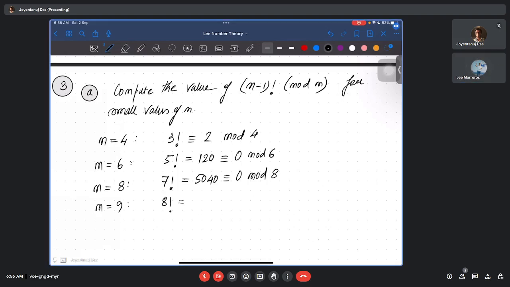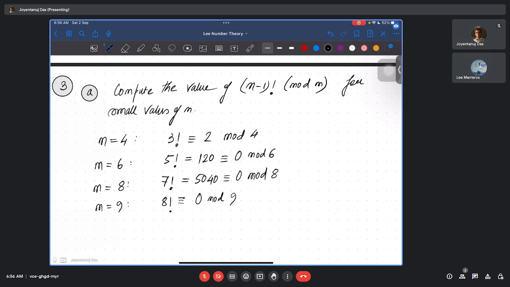Within 8 factorial, it is multiplication from 1 to 8, right? 1, 2 up to 8. So I have a 3 and I have a 6, so I can factor out a value of 9. So it is also 0 mod 9.